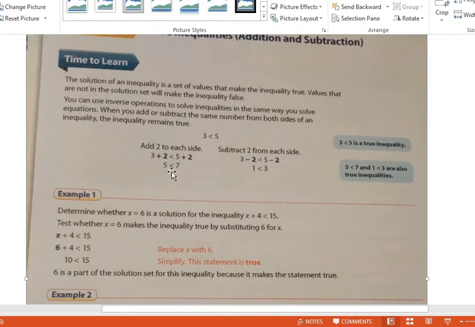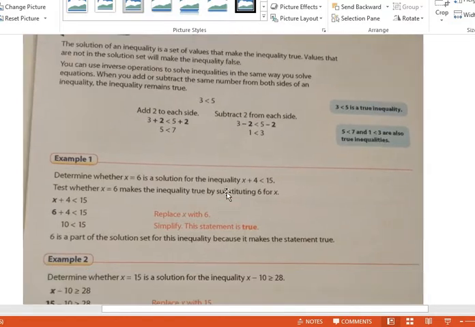So 5 is less than 7, and it remains a true inequality. If I subtract 2 from each side, 3 minus 2 equals 1, and 5 minus 2 equals 3. So it remains a true inequality.